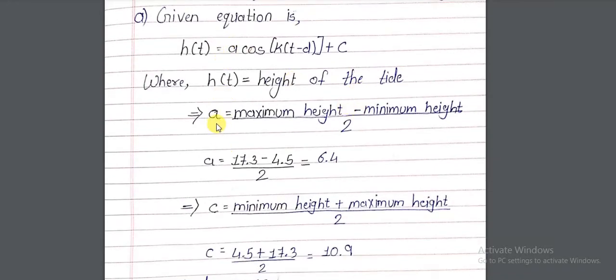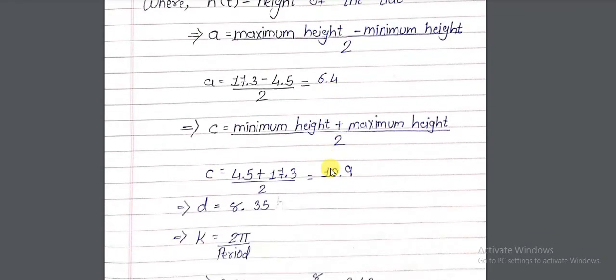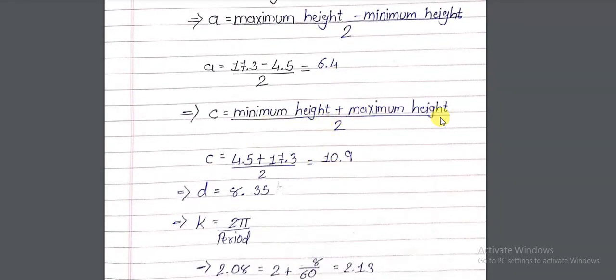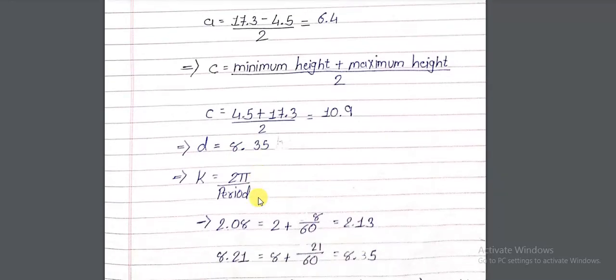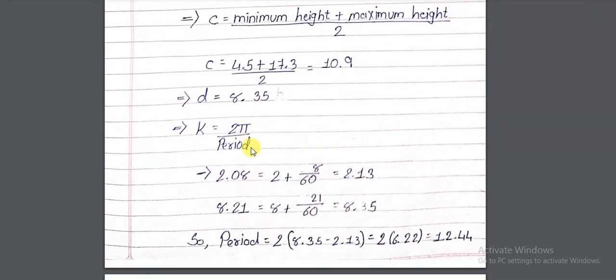a is the amplitude, which is (maximum height - minimum height) divided by 2, so we get 6.4. c is (minimum height + maximum height) divided by 2, and we get c equal to 10.9. d is equal to 8.35, and k is 2π divided by the period. The period can be given by 2 times 6.22, so the period is 12.44.